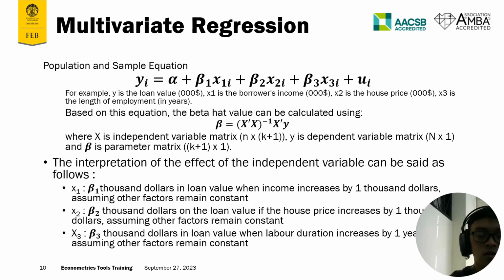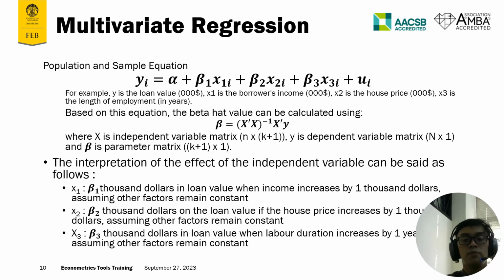For example here, beta 1 is the magnitude impact of the x on the y. So when we want to know, and we found that beta 1, it means how much $1,000 in loan value when there is an income increase by 1 point or one by $1,000.